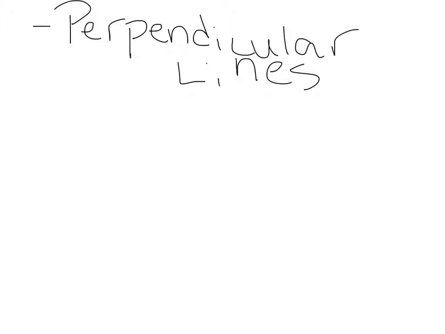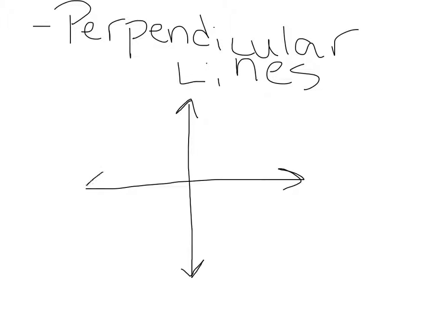These lines would cross, but they form 4 right angles. Okay? So when these lines cross, and I know these lines are not perfectly straight, but they're very close, that forms one right angle, and then you'll see another right angle right here, and right here.